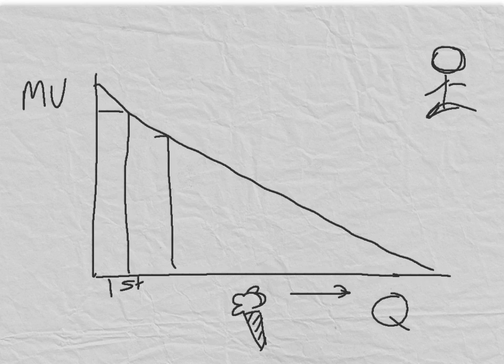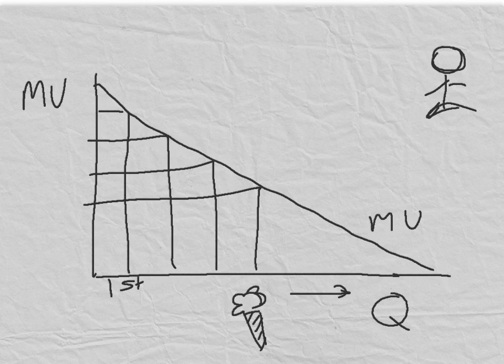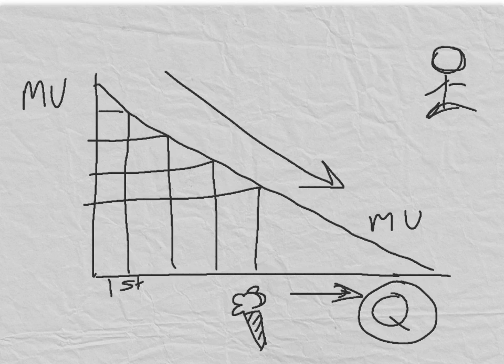The second one will give them less. The third one will give them less. The fourth one, even less. So this is their marginal utility curve measured against the quantity that they are consuming. And we say that according to the theory of diminishing marginal utility, the more you consume, the less extra pleasure you get from each one that you consume.